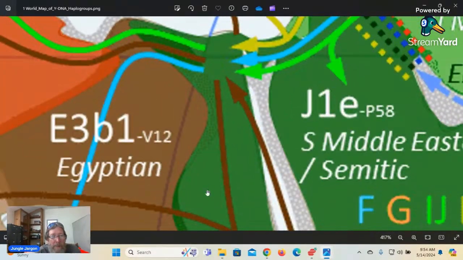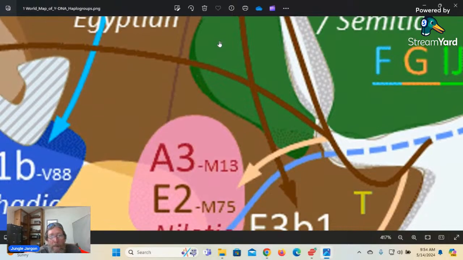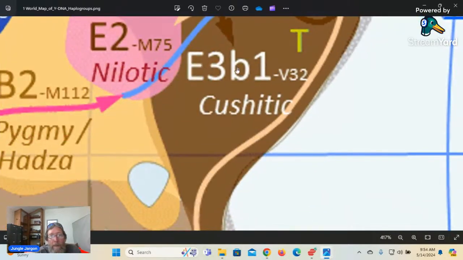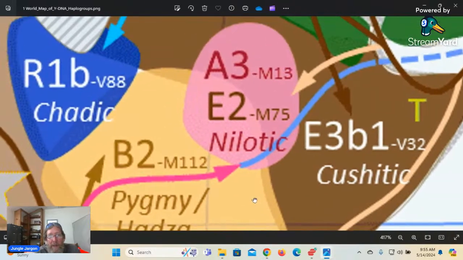Of course, we know Cush, right? Where's Cush? There's Cushitic here, but they have it listed as E, but Cush isn't E. Cush is A and B. Cush is A and B, which is not too far away, obviously. A and B and C is Cush, right? C being the son of Cush, who is Nimrod.